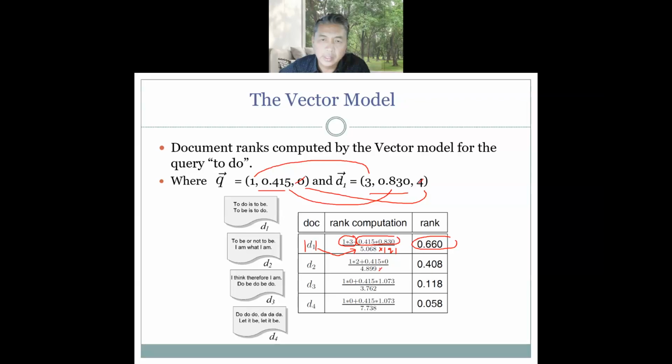Since all these Q are the same, I can remove them to simplify my calculation. In each of these calculations, the document length will be different depending on the number that we have here. So that's how we get this.